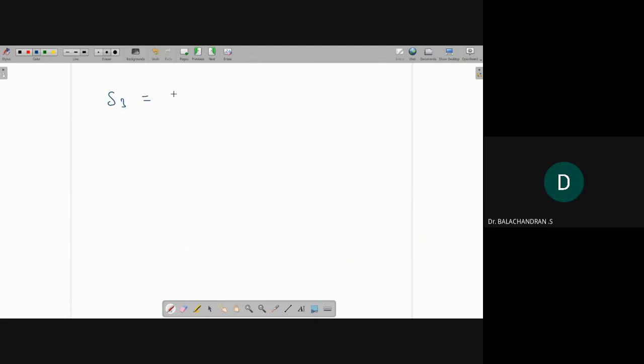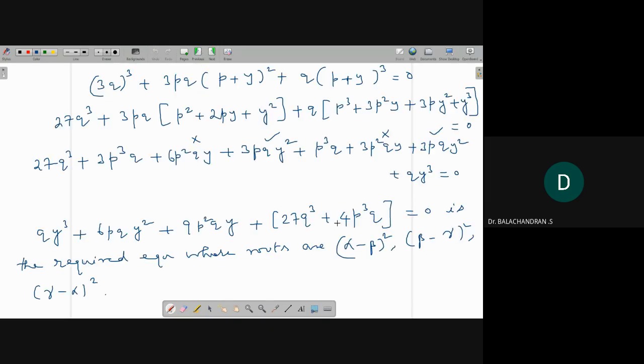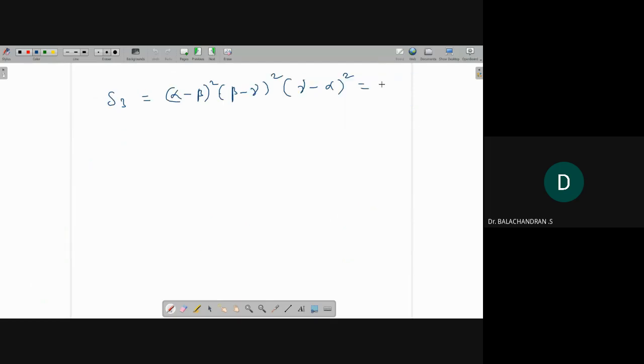So now S3 is equal to what? Alpha minus beta whole square into beta minus gamma whole square into gamma minus alpha whole square is equal to minus of the numerator, 27 q cube plus 4 p cube q plus 4pq q, divided by the coefficient of y cubed q.